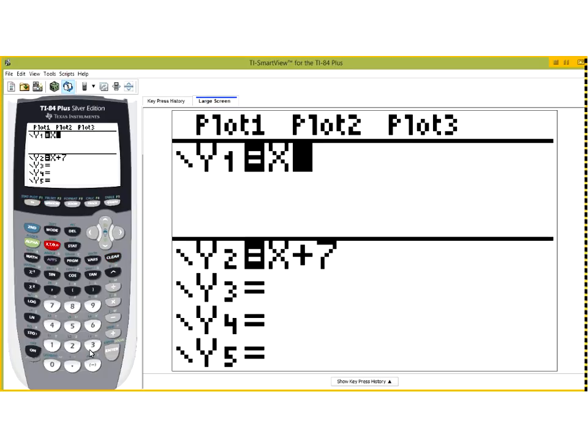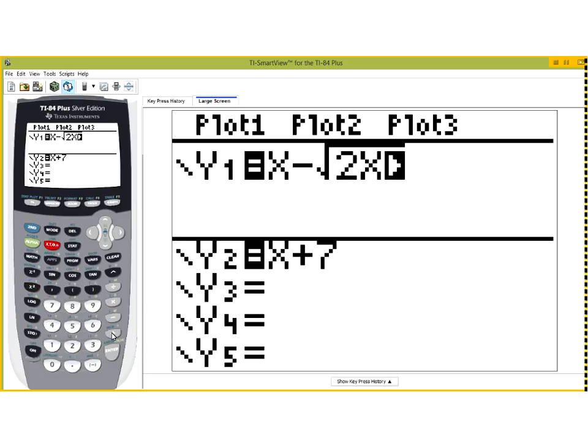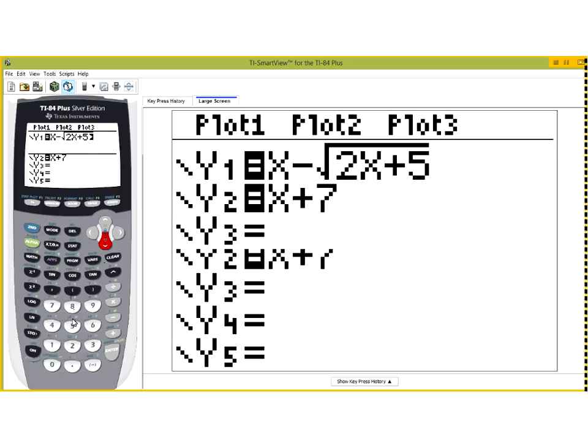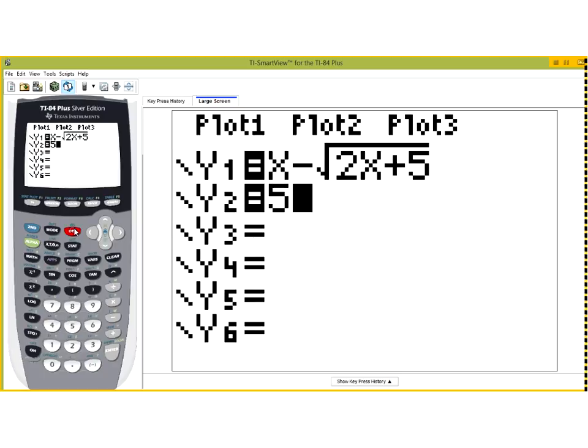Now, if I go to my graph, what I'm going to type in is the left side, x minus the square root of 2x plus 5, and that's equal to 5.